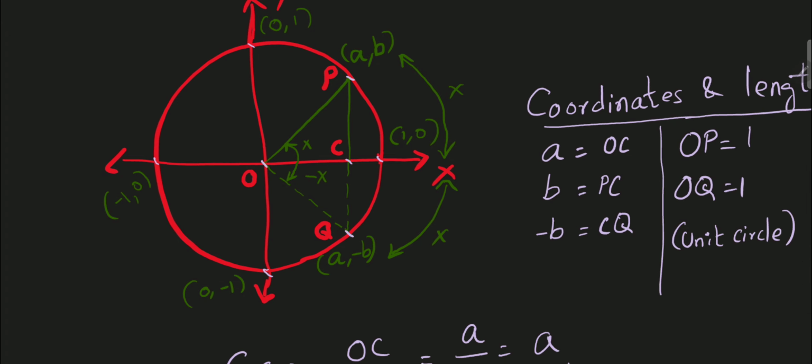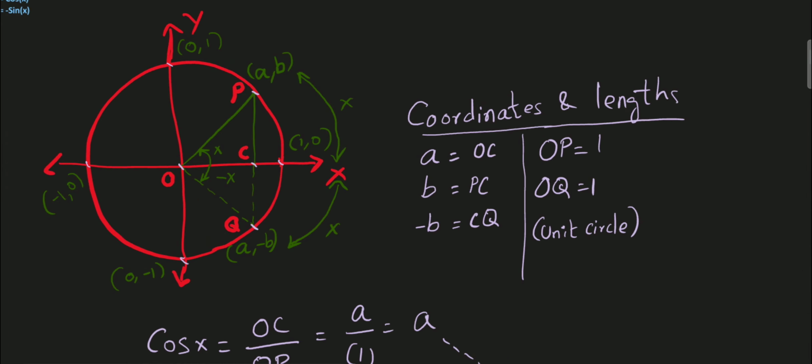How? Consider a unit circle. The coordinates and length are as follows. OPC is a triangle, and the coordinates are a comma b, and OCQ is again a right angle triangle where the coordinates are a comma minus b, because it's on the minus side of the y, and OP and OQ are hypotenuse, which is equal to 1 as it is a unit circle.